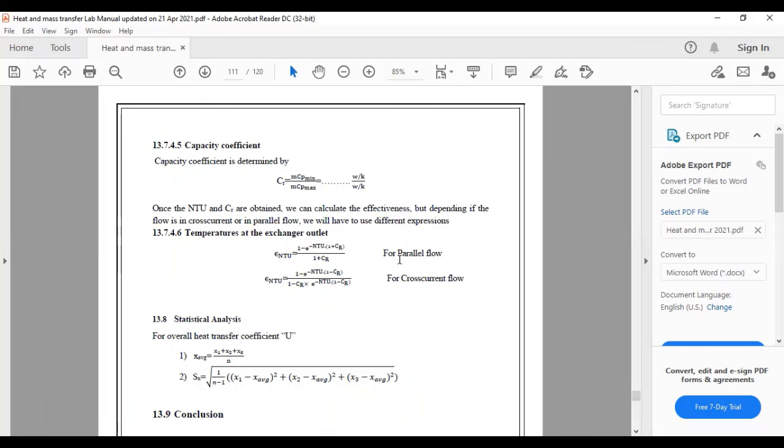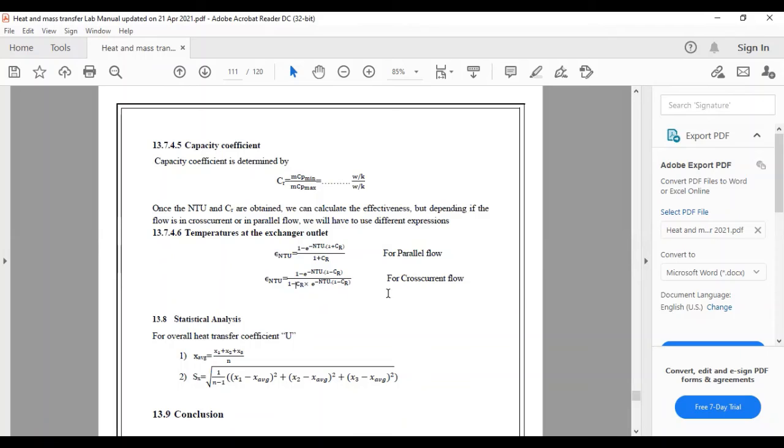Now for parallel flow, this formula is 1 minus e power minus NTU into 1 plus CR, over 1 plus CR. This NTU is the number of transmission units we have calculated above, and CR is basically the capacity coefficient. So we have all the values, and we will calculate this effectiveness by the NTU method.